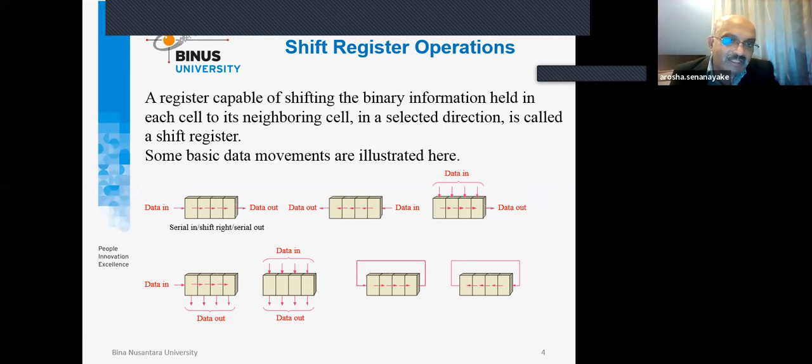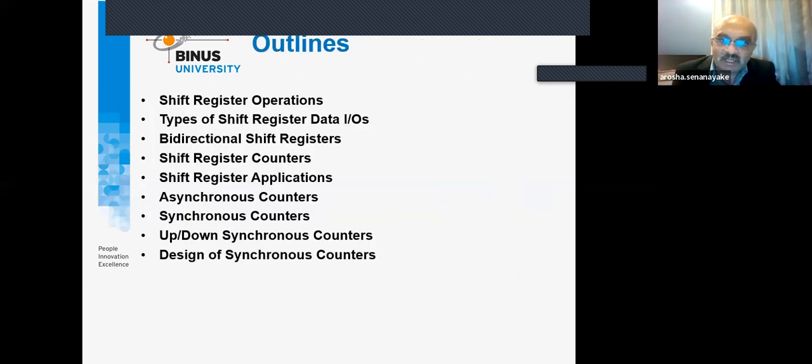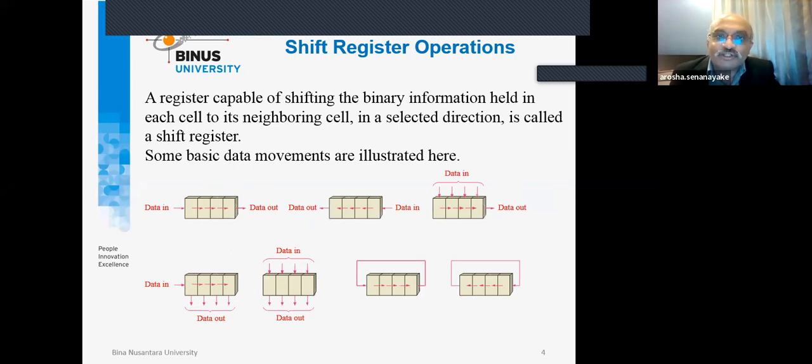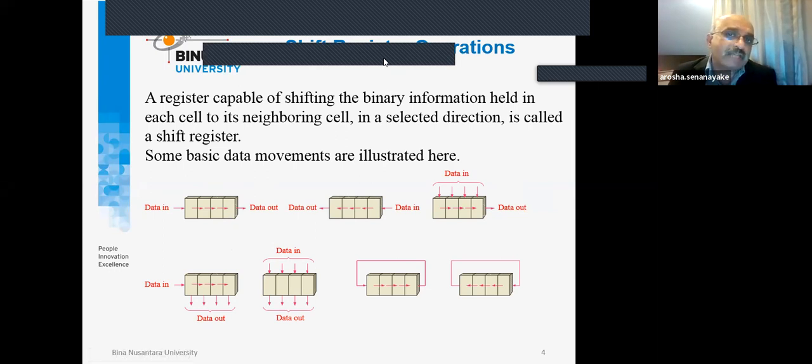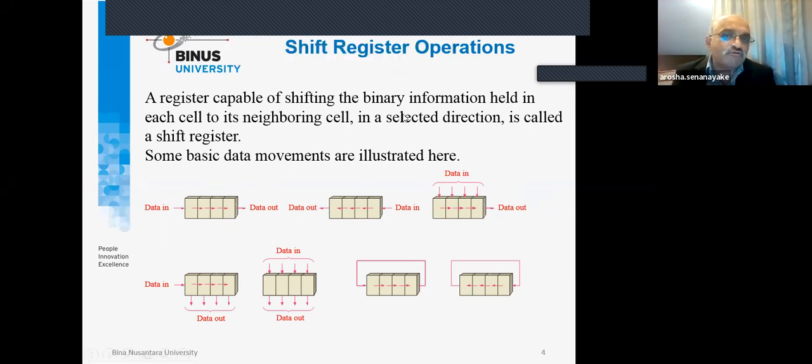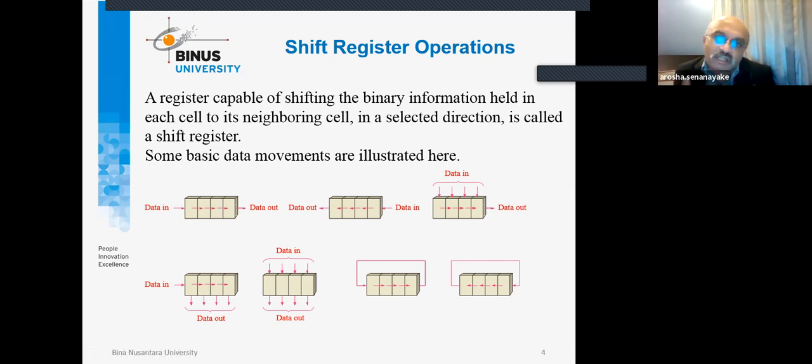If nobody has seen this yet, then I will explain again. We are going to look at all these registers as well as counters in shortened form. I was talking about the binary information stored. You know by now that D-type flip-flops can be used to store data up to a certain time.